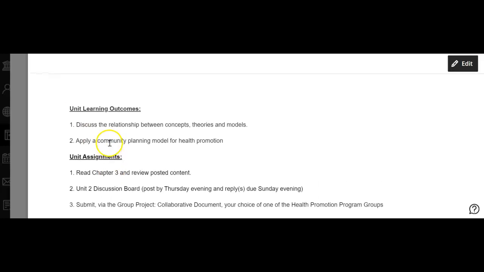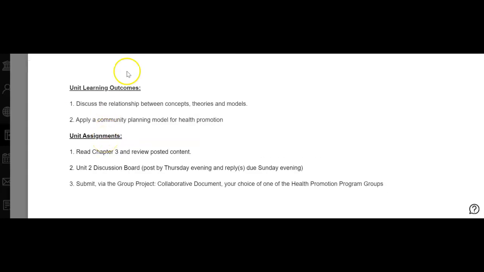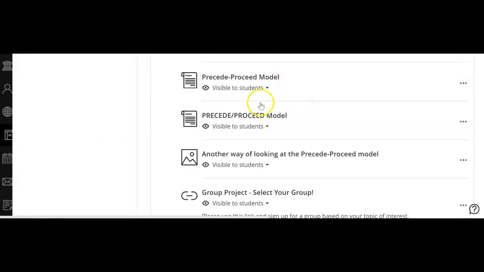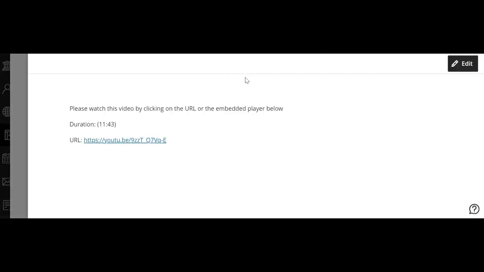So let's get back to the next section here. You're watching this video, and then you're going to see that there's 3 different things here that are speaking to the precede-proceed model. We're going to talk about this model. You're going to read about it in your textbook, and you're going to start by watching a video.